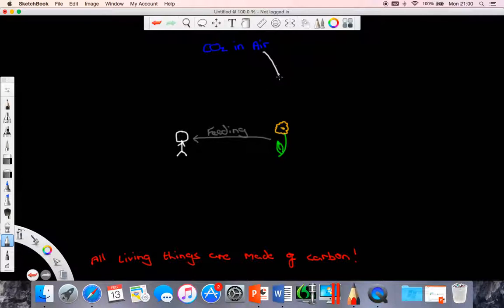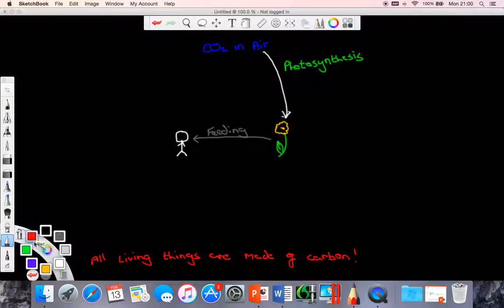So through photosynthesis, plants remove carbon dioxide from the air.